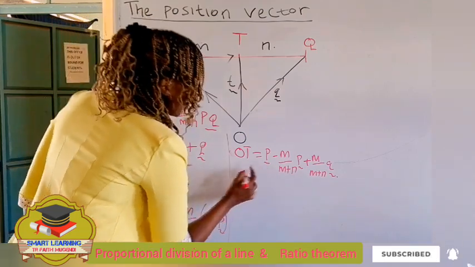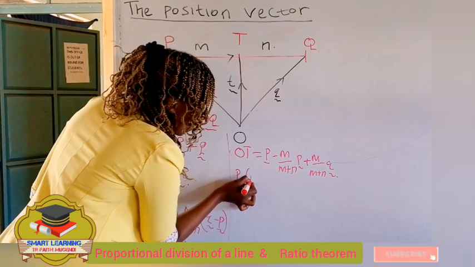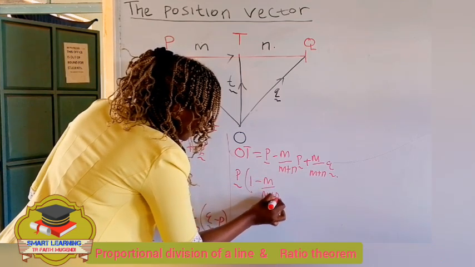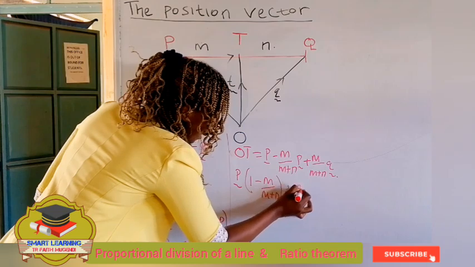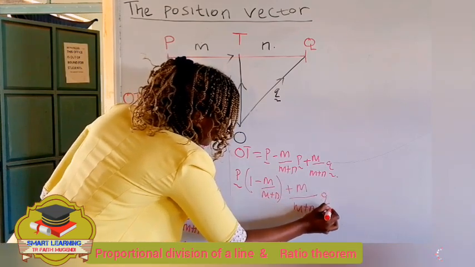So factoring out P, we shall have 1 minus m over m plus n, then plus m over m plus n Q.